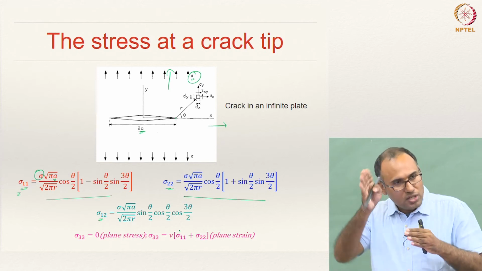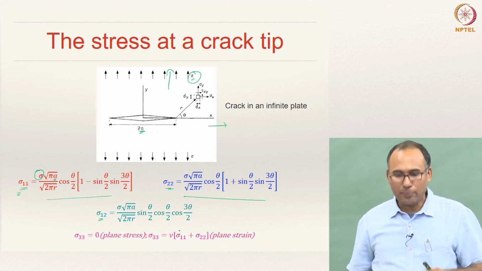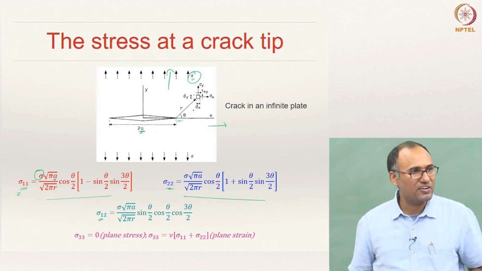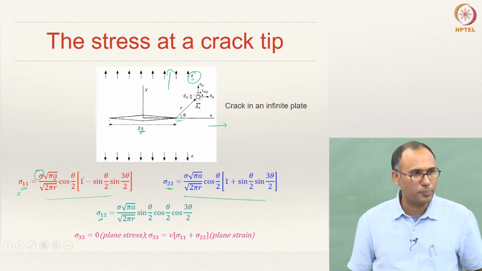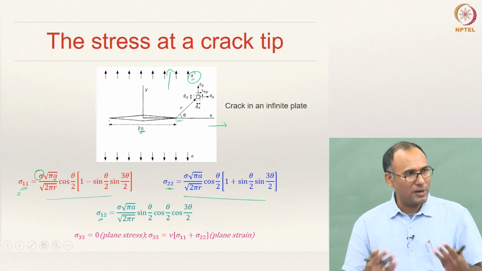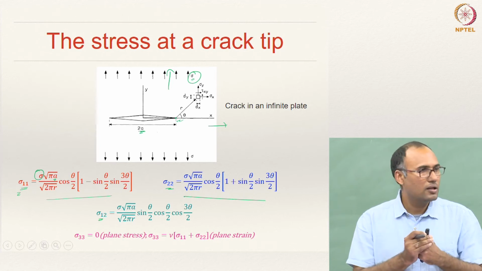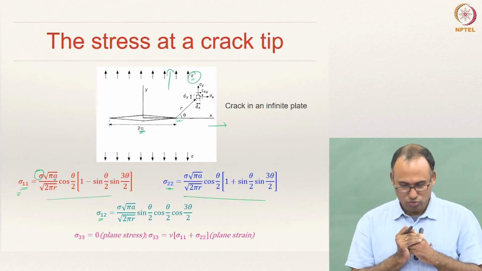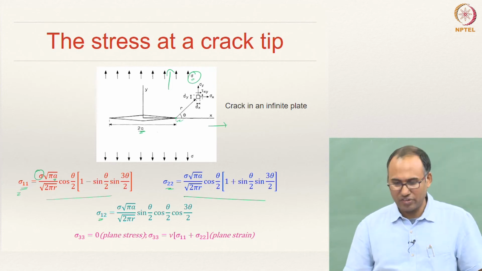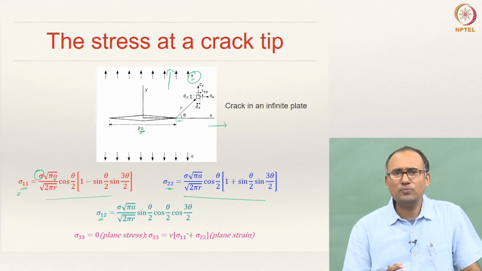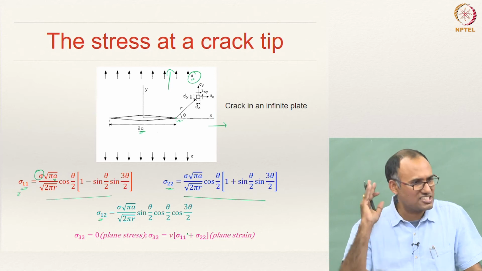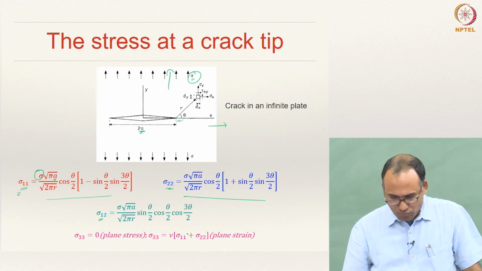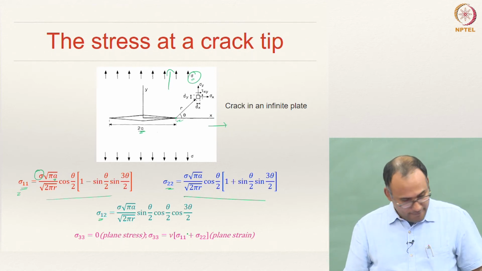You are going to have some crack blunting, but this solution is for a perfectly sharp crack. The moment you have plasticity, you will have a local plastic deformation, and then there will be local crack blunting. So you need to take that into account, but this is a solution assuming pure linear elasticity. Okay? All right.